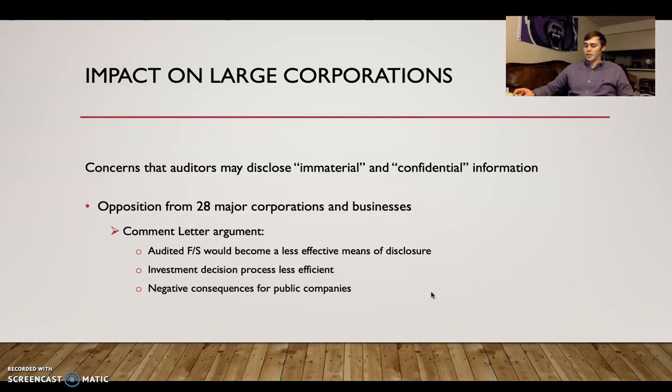They put together a comment letter and sent it to the SEC, arguing that audited financial statements would become a less effective means of disclosure, that it would lead to investment decision processes being less efficient, and that it would have several negative consequences for public companies in general.